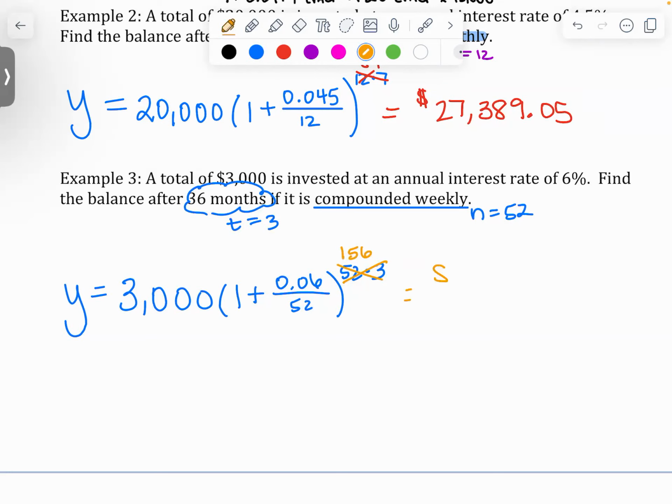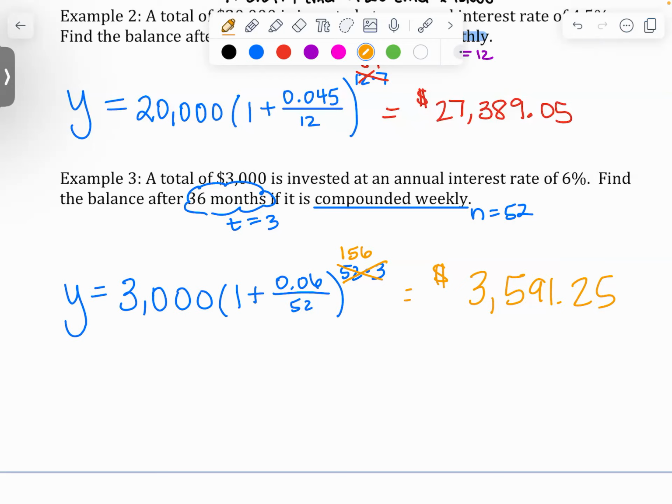See if you can get 3,591.28. Got it? Let me redo it in my calculator.